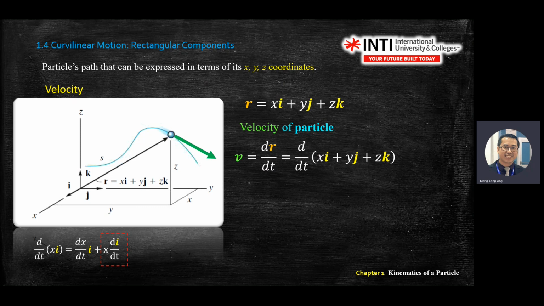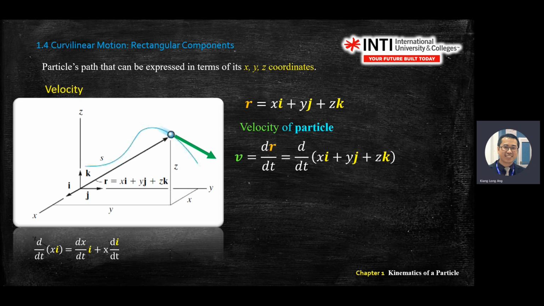Before we go into that, a vector operation: d/dt of xi, because this is a vector with magnitude and direction. So when you differentiate, you need to do a product differentiation. How do you do product differentiation? You take the first one, dx/dt, remain the vector form, plus keep the x and differentiate the vector identity.